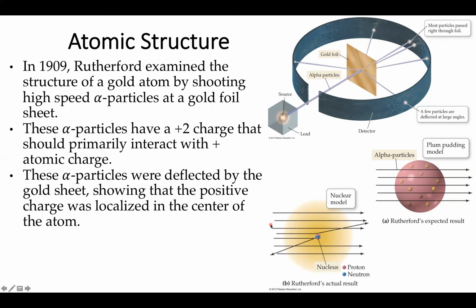Most of the time, the alpha particles are going to be far enough away from this positive charge that they will go straight through. But sometimes the alpha particles are going to come fairly close to the positive charge and deviate. And sometimes they're going to come straight on and bounce right back. And this was indeed what was seen.